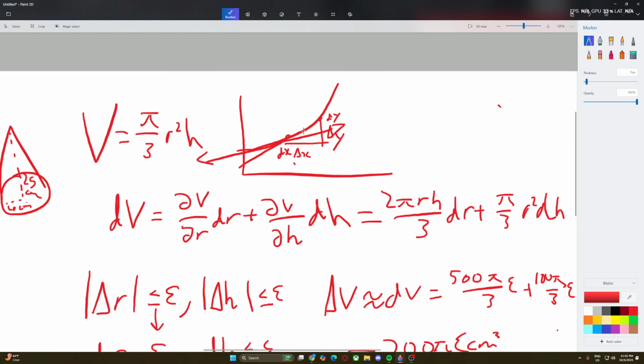Notice that the closer we get to this point, change in x and dx are always going to be equal.